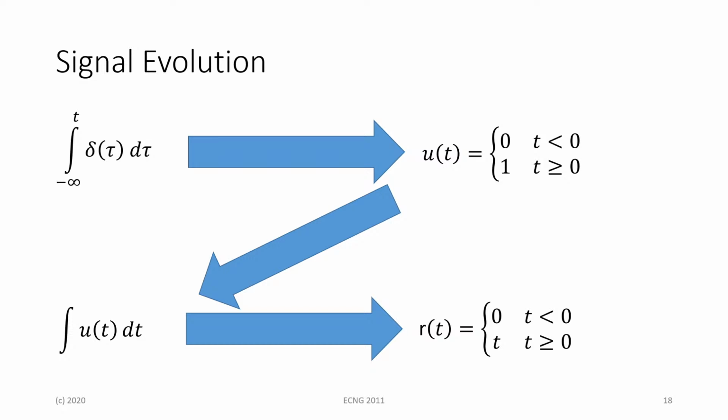Alright, any further questions? Tau just represents the time shift.